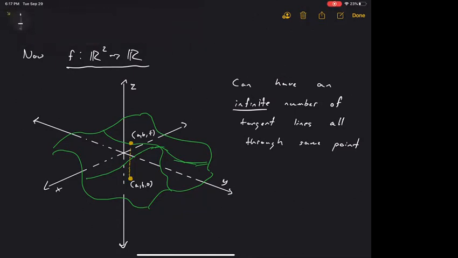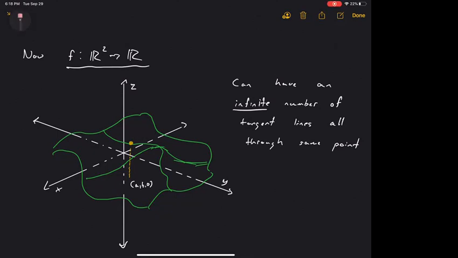Think about just the tangent lines. Think about the tangent lines to this yellow point here on our graph. Think about all the tangent lines. And if I try and draw a couple, we'll see that there's actually an infinite number of them, right?